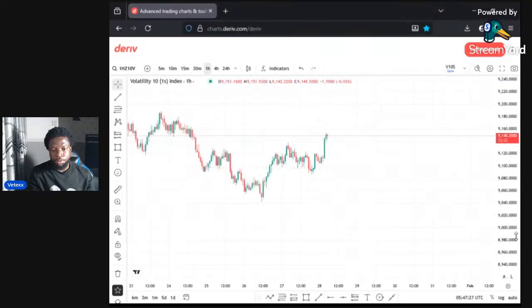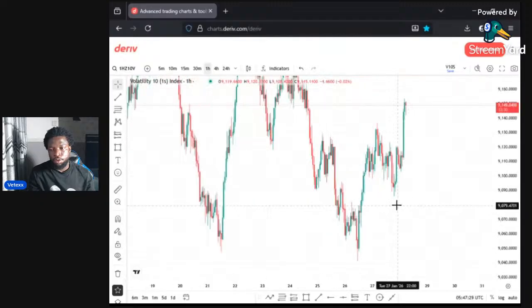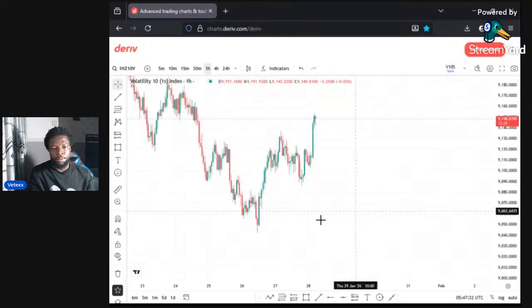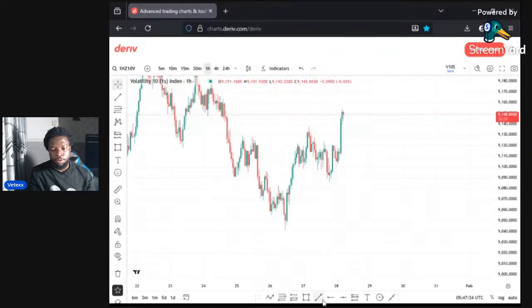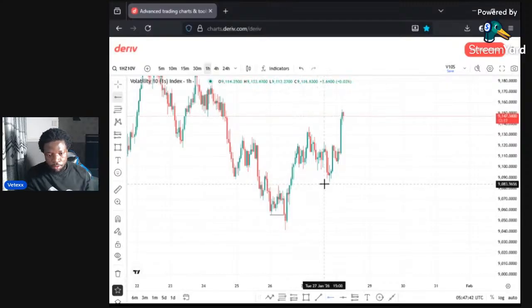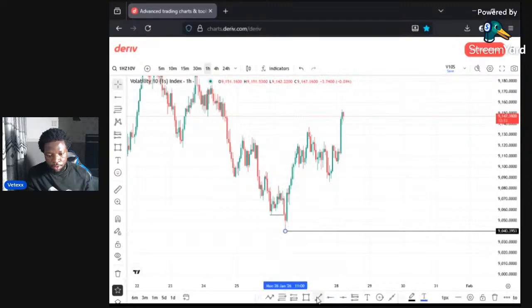On the 1-hour time frame, you can see that we have a continuation form here. Continuation that just formed. So this is clearly on the 1-hour time frame. We have a sweep. Okay, we have a sweep here. We have our protected low, which is here. We have our first break of structure, which is here.